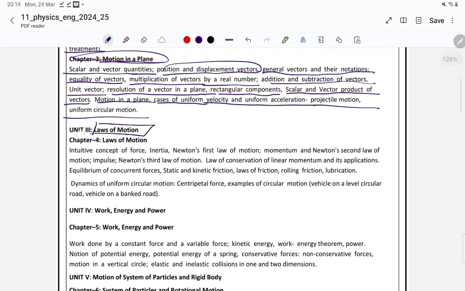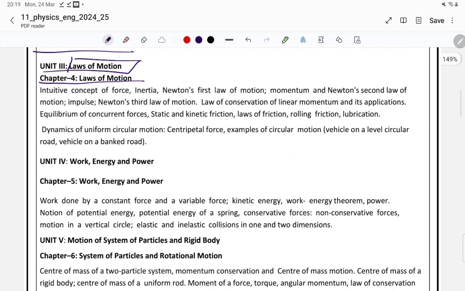Then laws of motion, Unit number 3, Chapter 4, laws of motion. What is there, student?